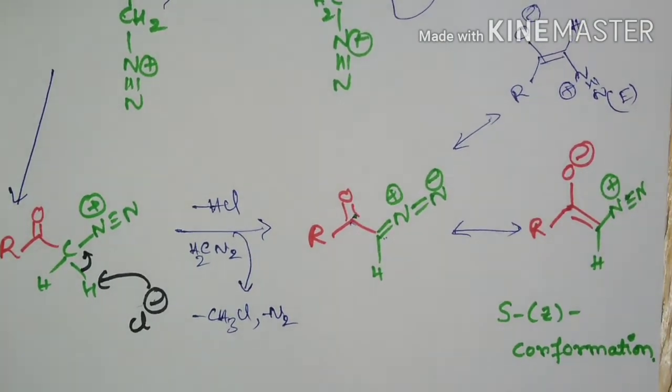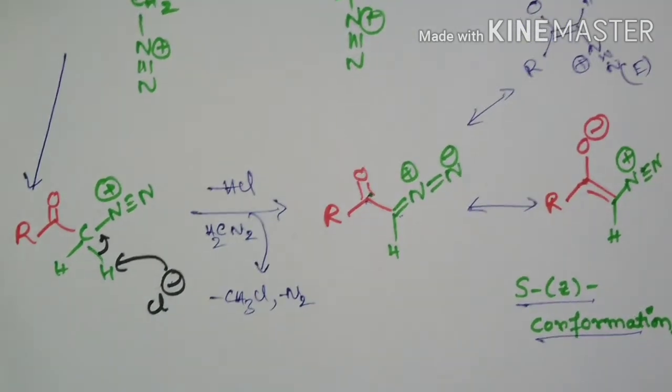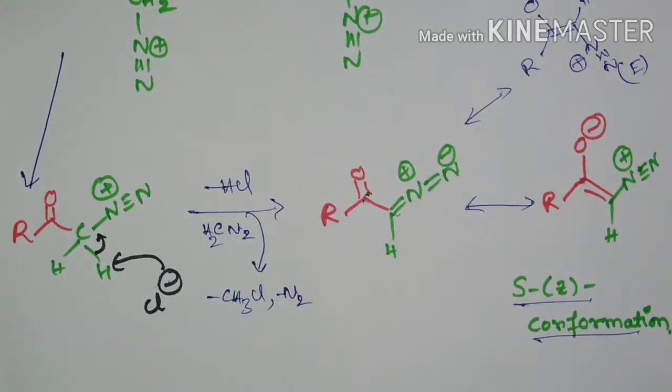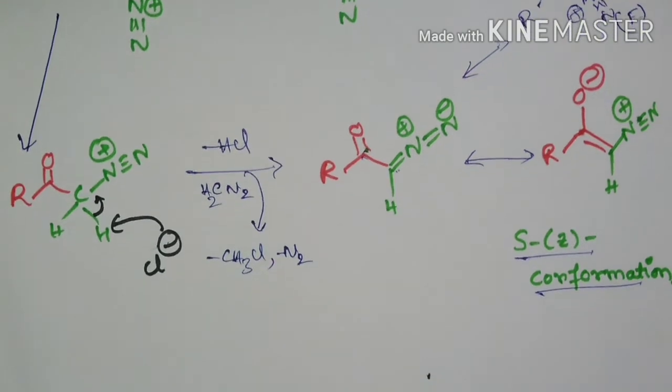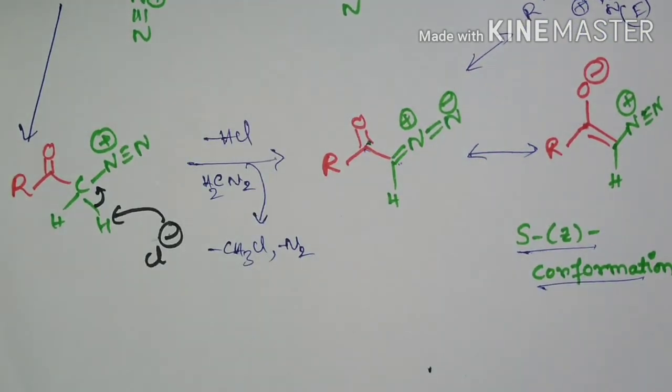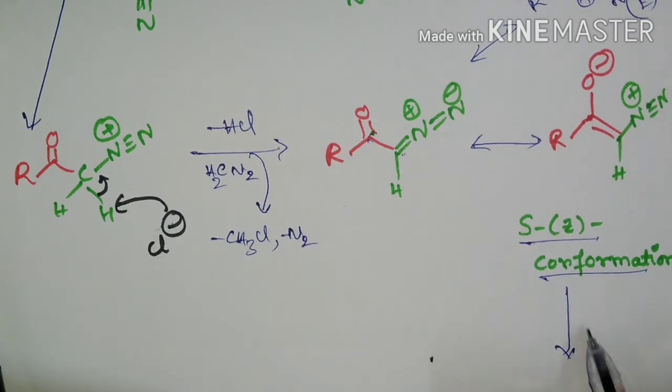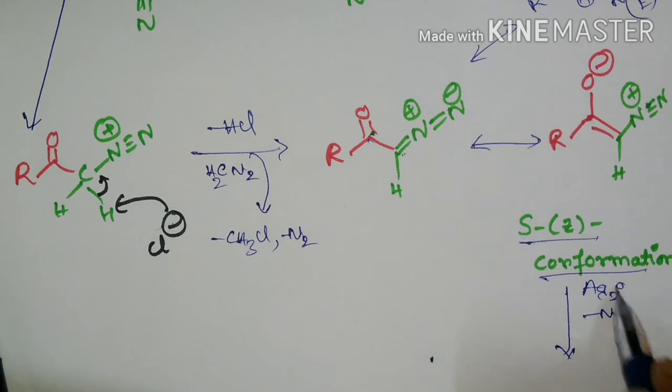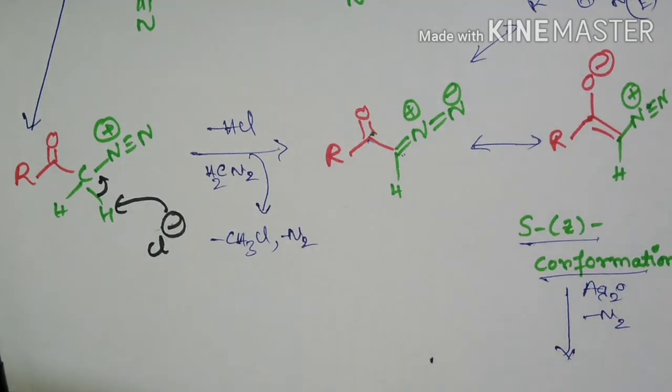But in Wolff rearrangement, this s-Z conformation is going to react further. This is not going to react. Here s represents single bond. This is going to lose a nitrogen molecule in the presence of silver oxide or thermal conditions.